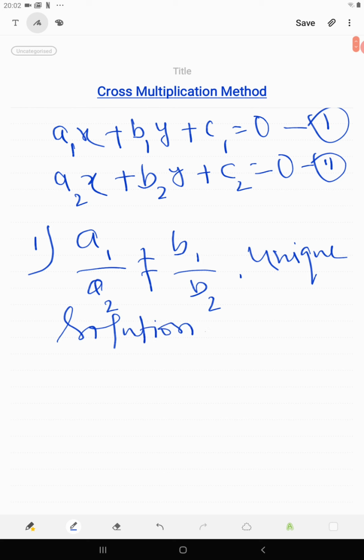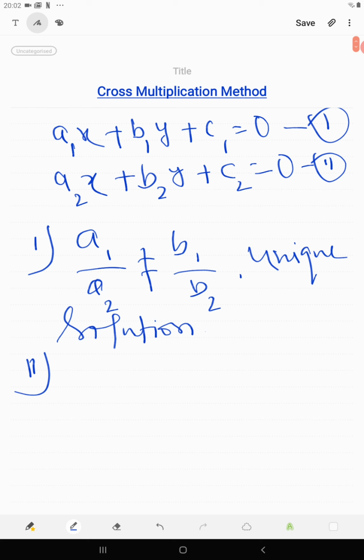Unique solution in the sense there will be only one solution for x and y, like x equals 2, y equals 3, suppose. There will be no other solution. That is the unique solution. So if a1 by a2 not equals to b1 by b2 in a pair of equations, then we will get a unique solution for the pair of equations.